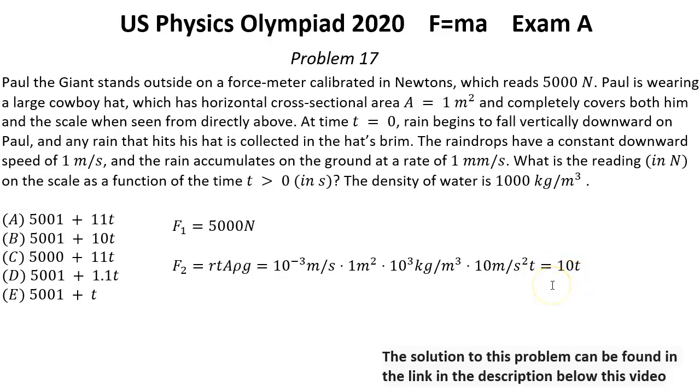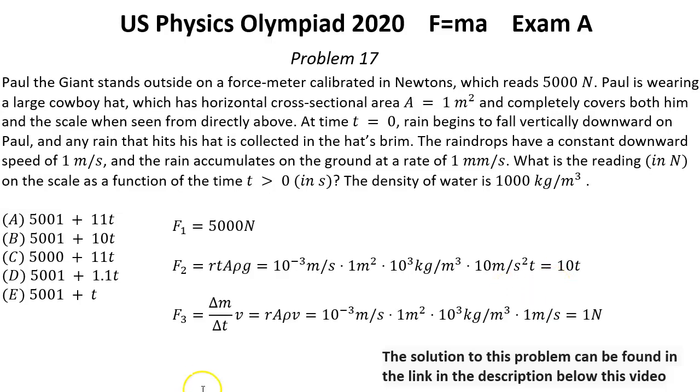And component 3 can be found by noting that in time t, the total mass changes at a rate dm/dt multiplied by speed, which is R A ρ v, which is 1 newton. So the total reading of the scale equals F1 plus F2 plus F3, which is 5001 plus 10t, which is answer B. And that was the solution for problem number 17.